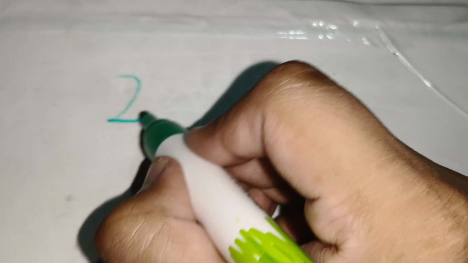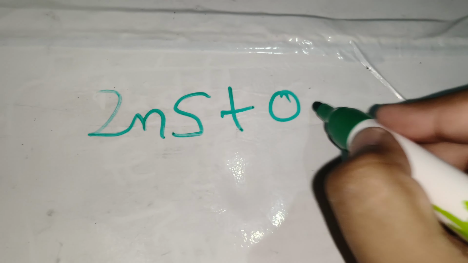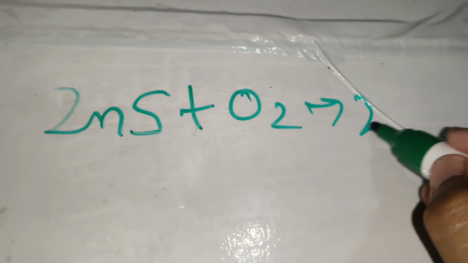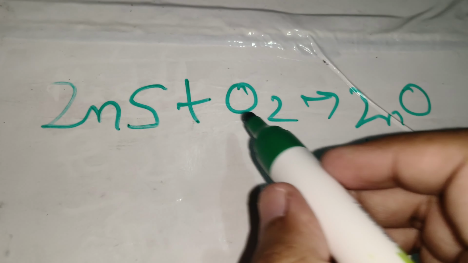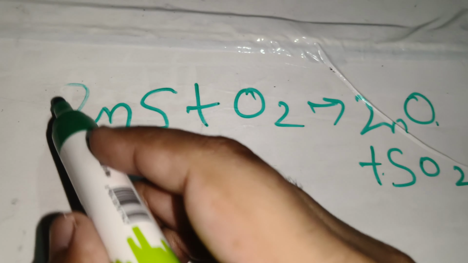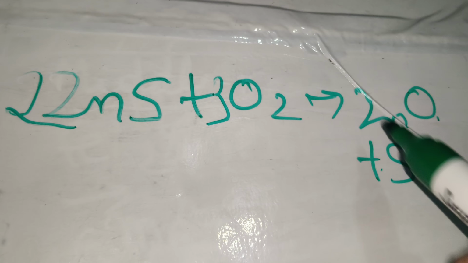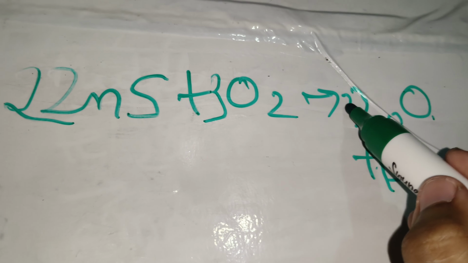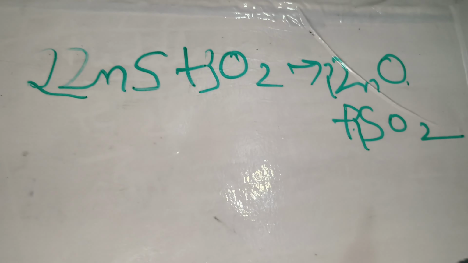to their oxides. So first we take zinc sulfide and react it with oxygen, which is converted into zinc oxide plus sulfur dioxide. So here oxygen is 2, here 3. So basically multiply by 2, 2, 3, 6, here 2. So we can balance the reaction: 2 zinc, and 6 oxygen.